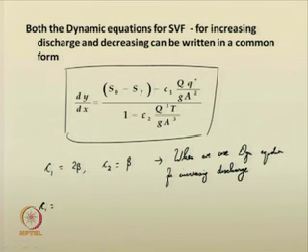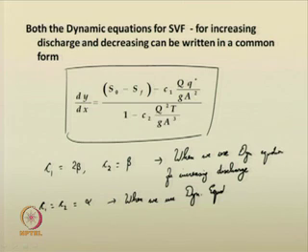Similarly, C1 and C2 both are equal to alpha when we use the dynamic equation for decreasing discharge.